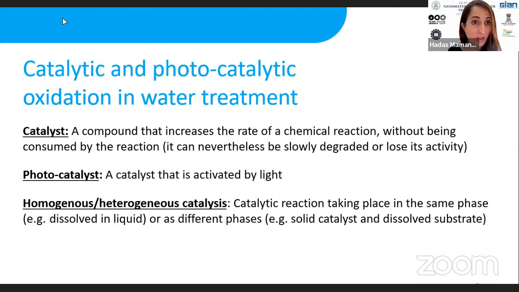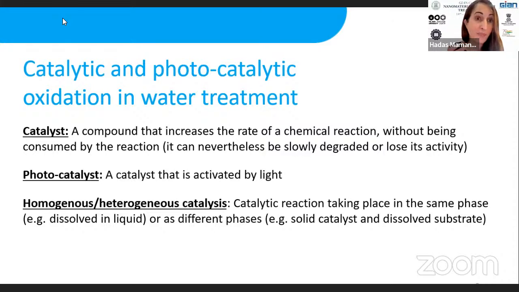In the industry, usually we use lower concentrations of hydrogen peroxide. And also it's a dangerous chemical, so it needs to have all the safety considerations, okay? And high temperature, of course, is really problematic for the stability of hydrogen peroxide.